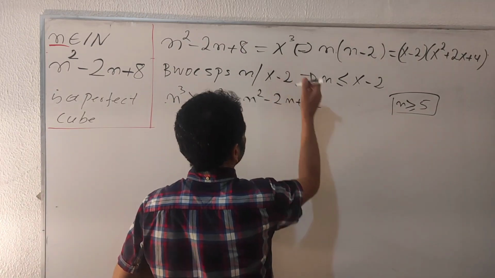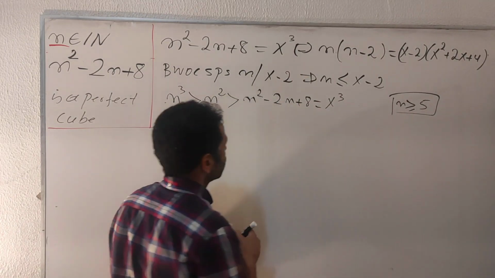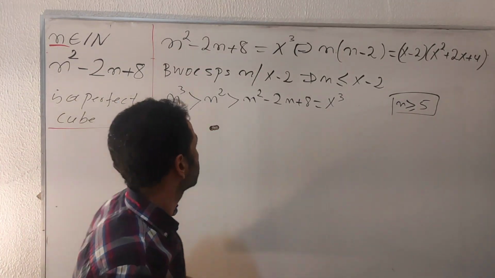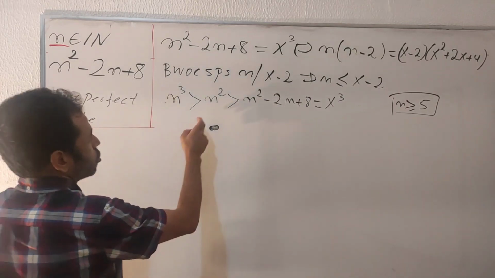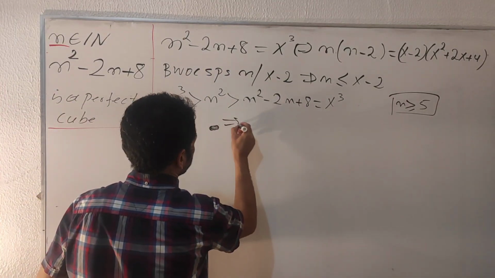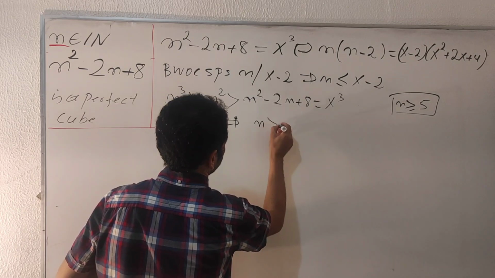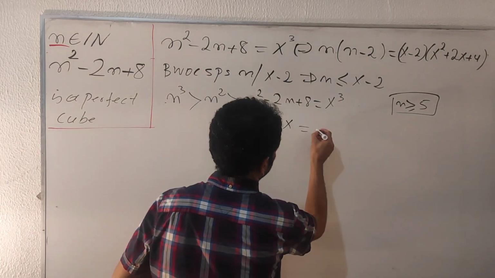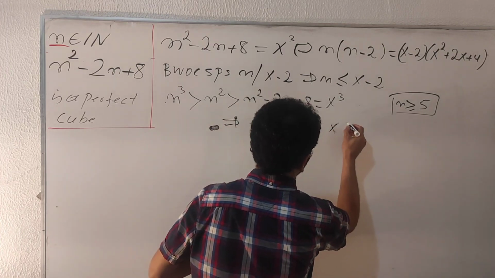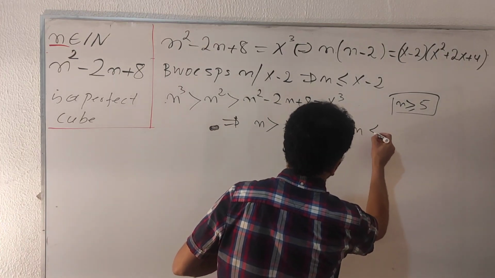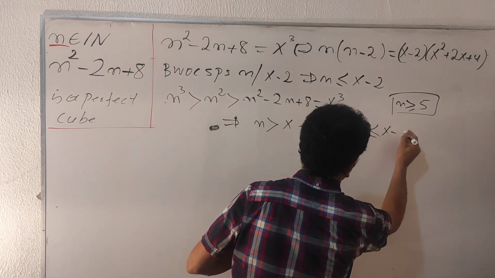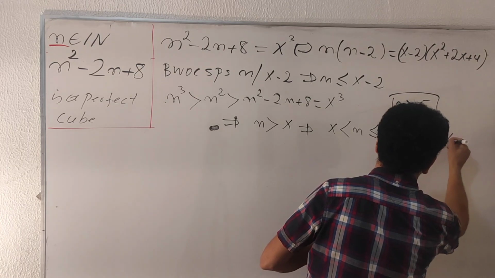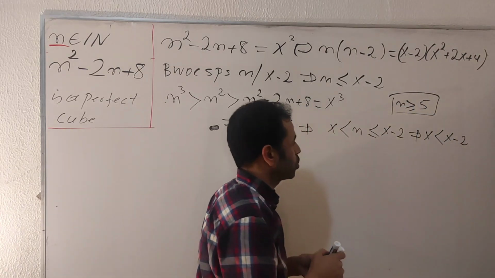We know this expression equals x cubed for all n greater than or equal to 5. So n cubed is strictly greater than x cubed, which tells us n is strictly greater than x. Since we have this, we get x is strictly less than n, which is less than or equal to x minus 2. So x is strictly less than x minus 2, which is impossible.